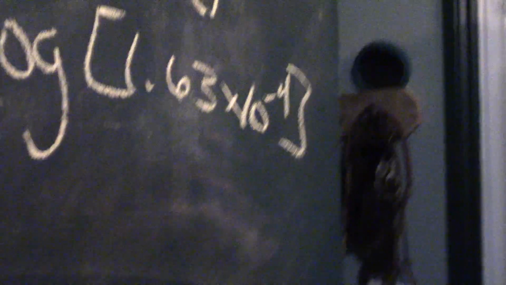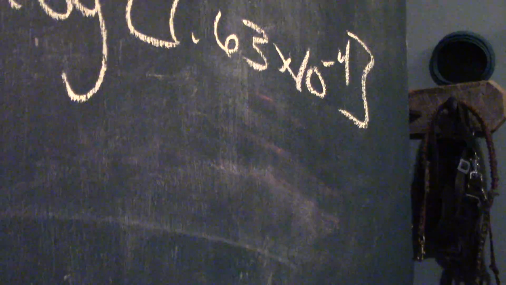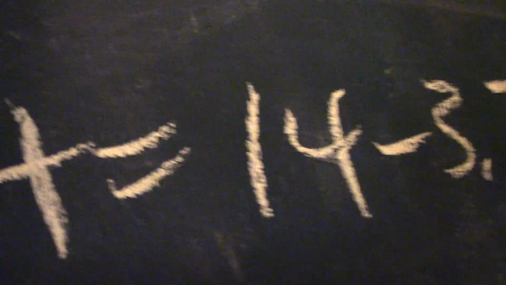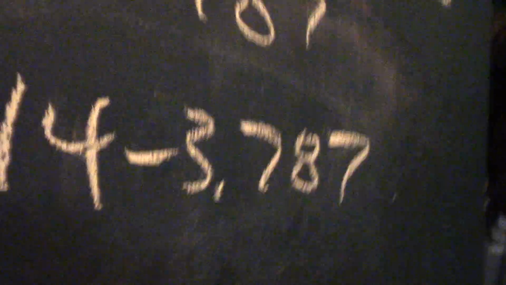So pOH ends up being 3.787. So pH equals 14 minus 3.787, and that equals 10.213. So check concentration of hydroxide, check pOH, check pH.